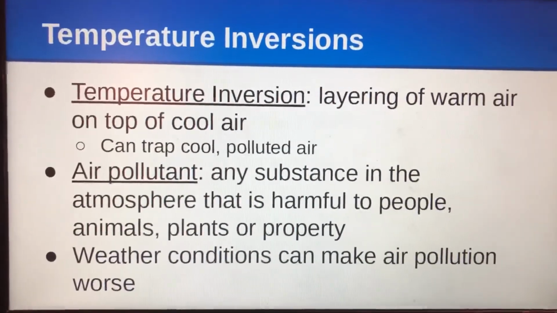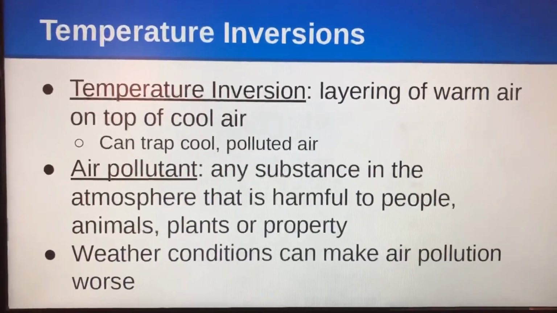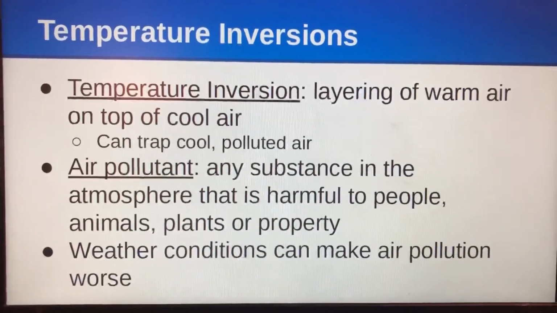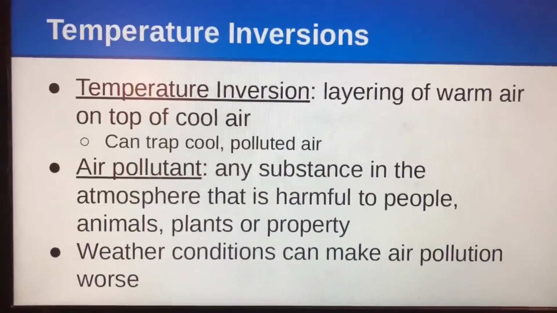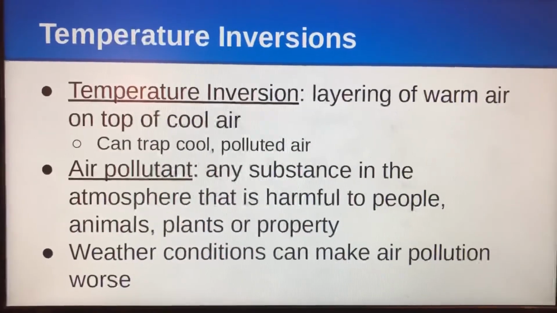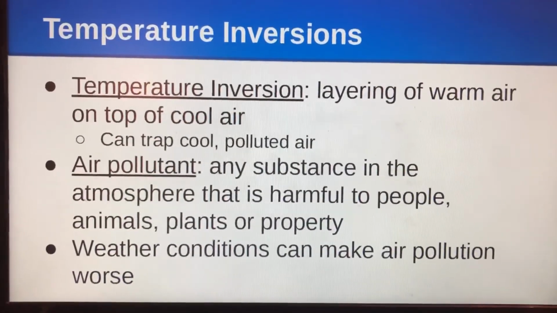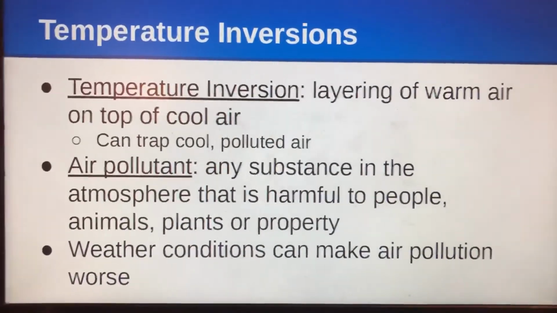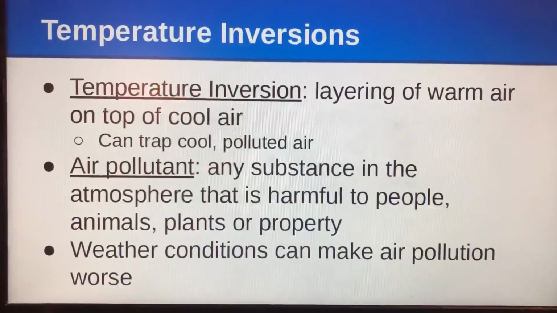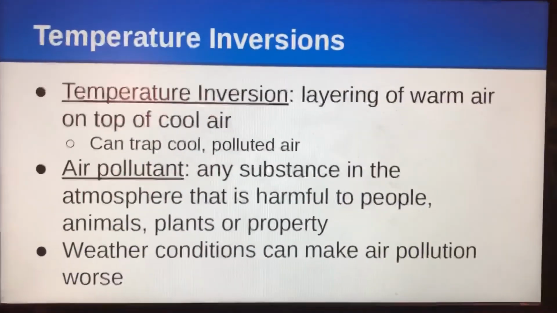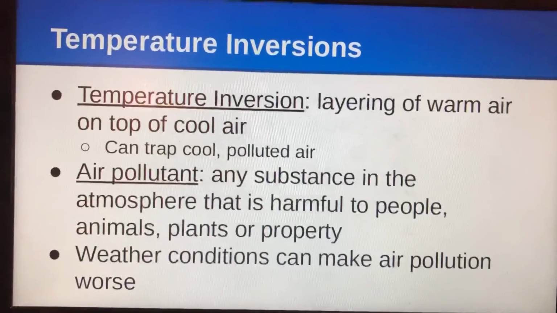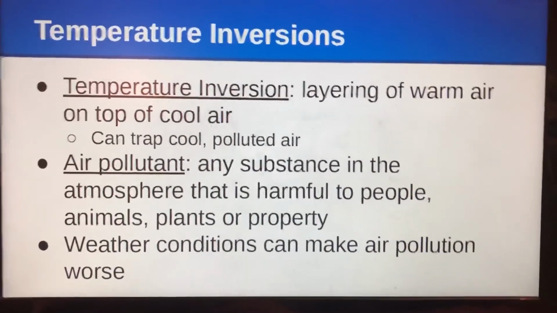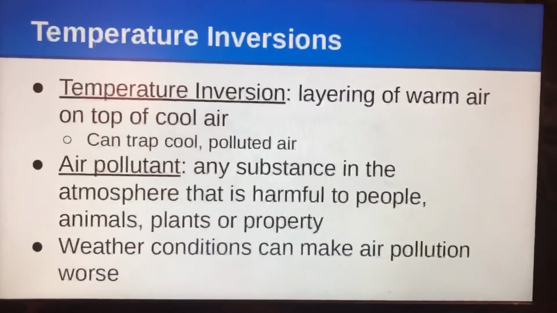If you've ever been driving around and seen those big lit up highway signs, there are certain days, especially in the summer, when it's really humid and there's not a whole lot of airflow, where you'll have air quality warnings, saying there's a high level of pollution and it's not going anywhere anytime soon. If you have breathing issues, if you're elderly, if you have asthma, maybe take precautions and don't go out during the hottest period of the day, or wear a mask or make sure you have your inhaler with you.